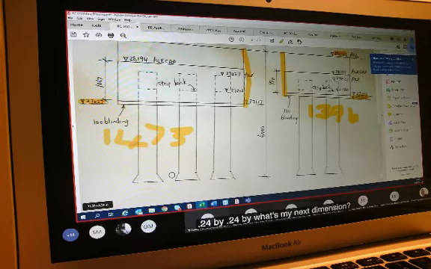And we will be deducting again the pile caps. It will be 0.24 by 0.24. But what's my next dimension now? It is 27,427 minus 27,104. That gives me 323.